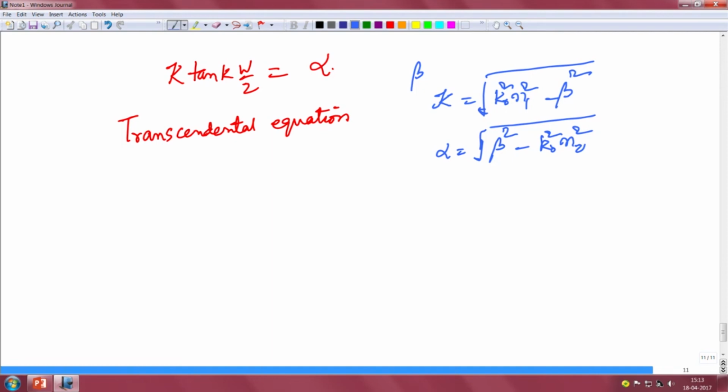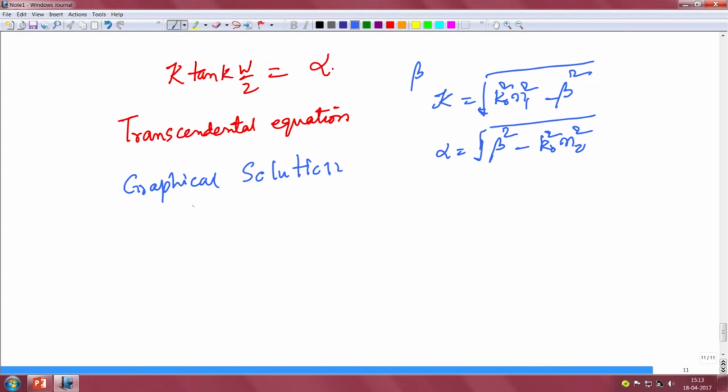Before we go further, let us interpret this equation and how we can solve this graphically. Graphical solution of this equation can be obtained by looking at the left hand side and right hand side and the geometrical figures that they represent.